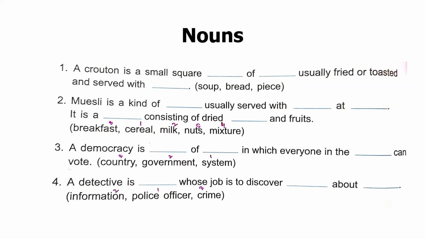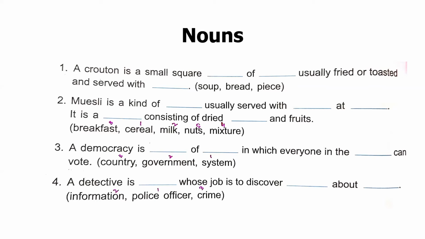A democracy is a system of government in which everyone in the country can vote. Number 4. A detective is a police officer. We will add article a. A detective is a police officer whose job is to discover information about crime.